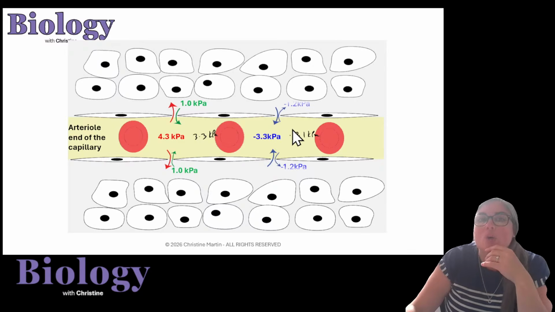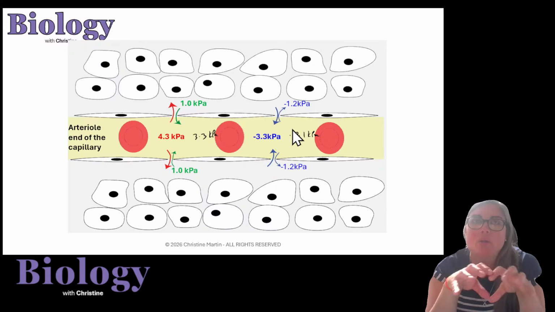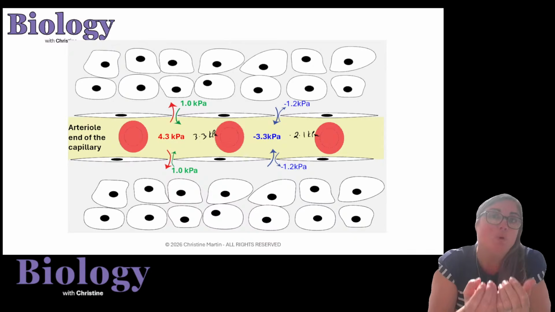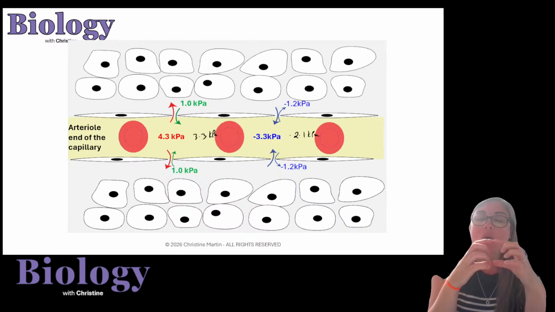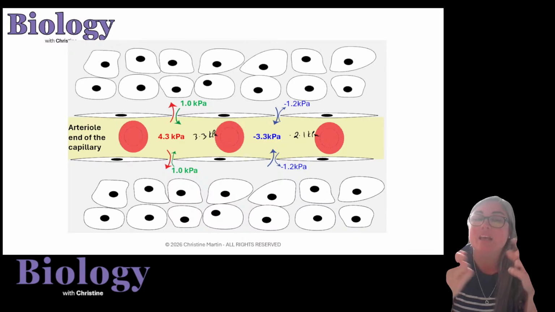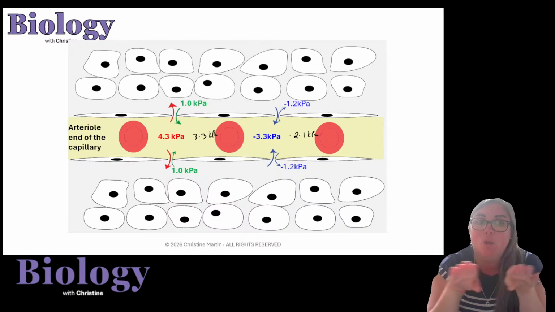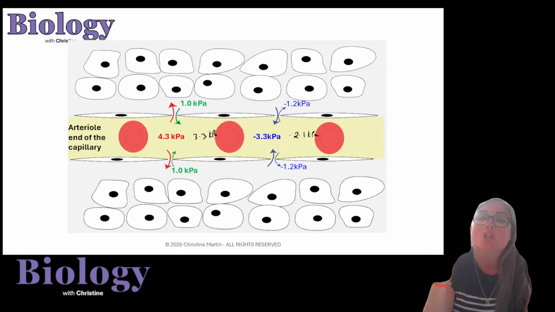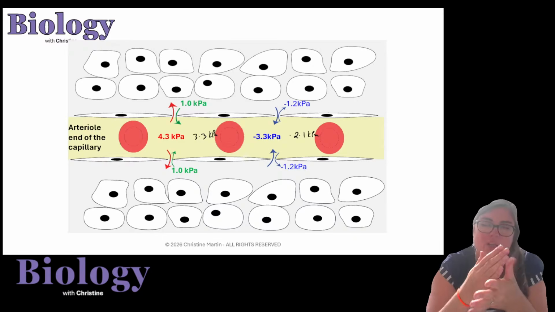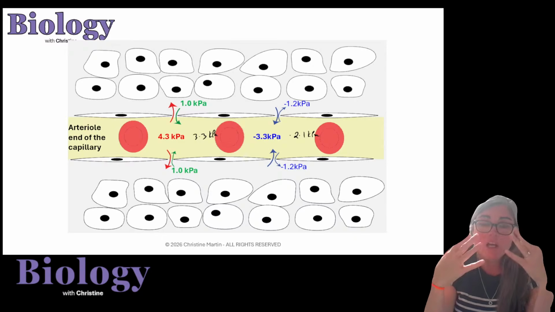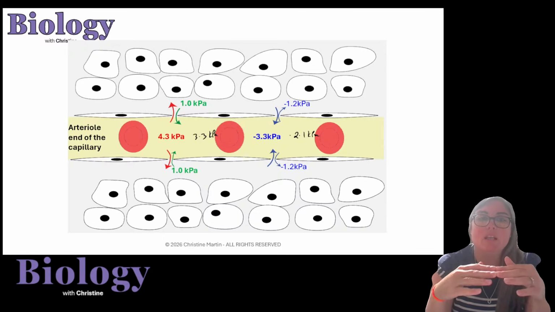When we look at the oncotic pressure, we're talking about the fact that there are plasma proteins that are going to maintain the water potential inside the blood capillary. Remember, it's a closed circulatory system. So we are maintaining the blood capillary oncotic pressure at minus 3.3 kilopascals.